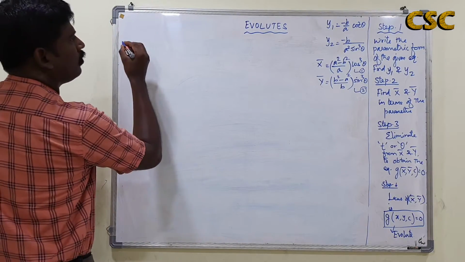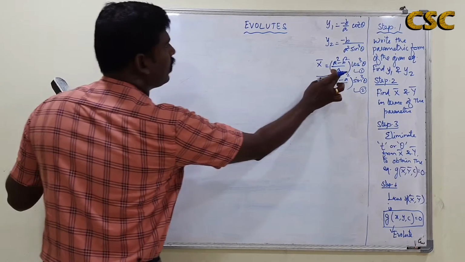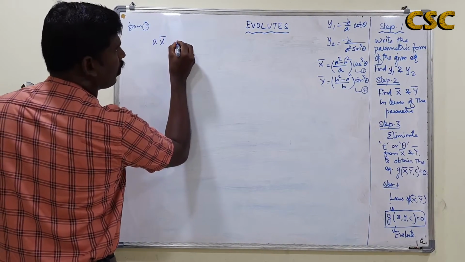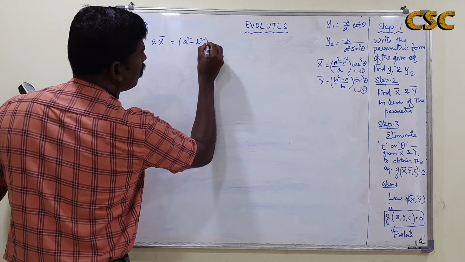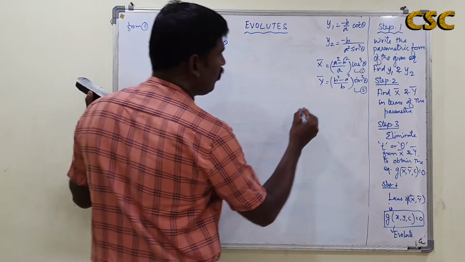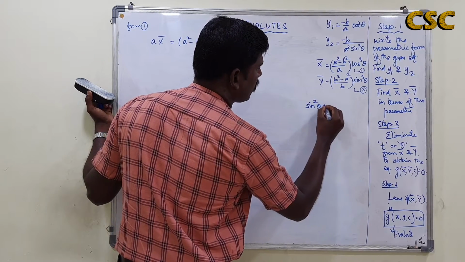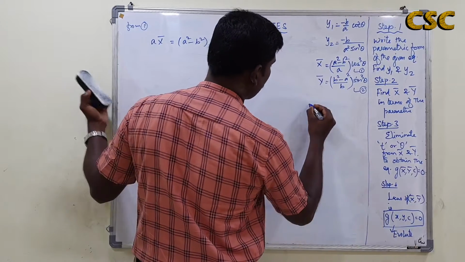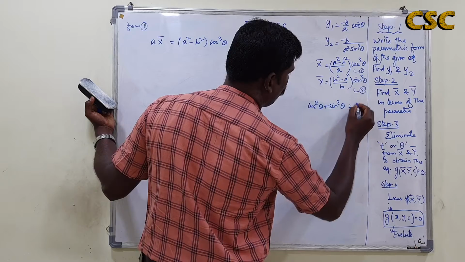Right? From 1, taking this a to the left hand side, a into x bar equal to a square minus b square into cos cube theta. Right? We know the formula in trigonometry, cos square theta plus sin square theta is equal to 1, right?